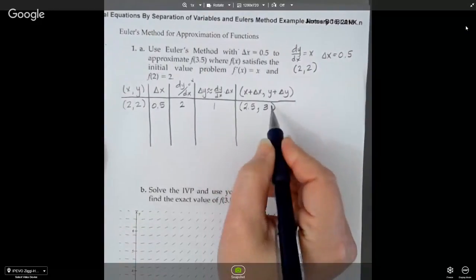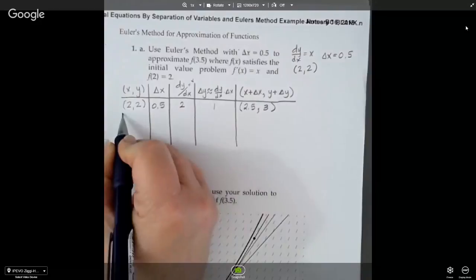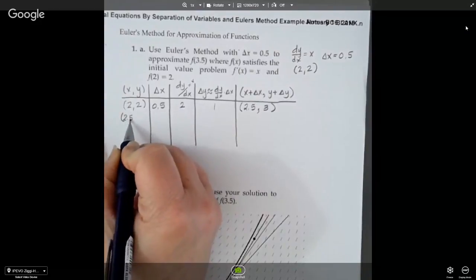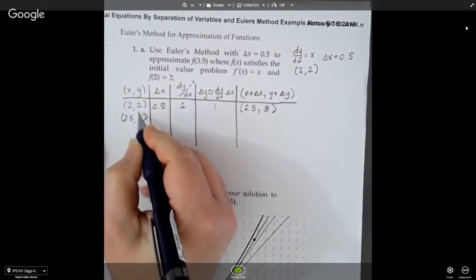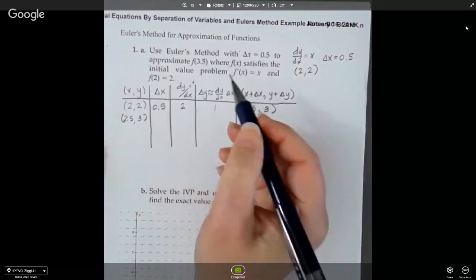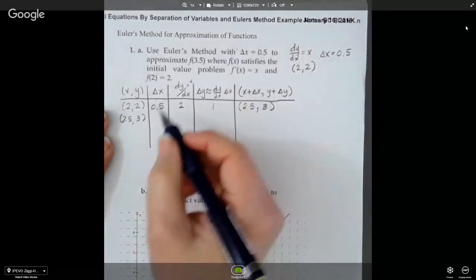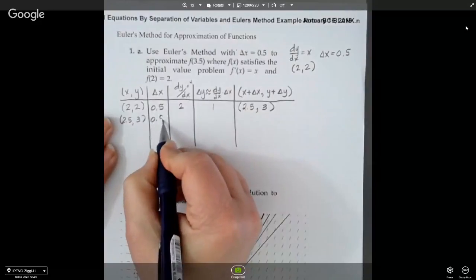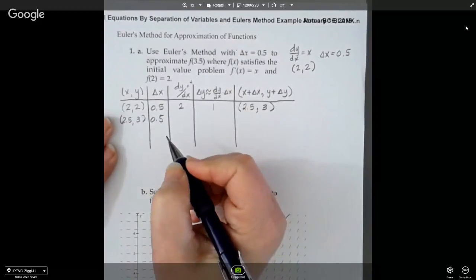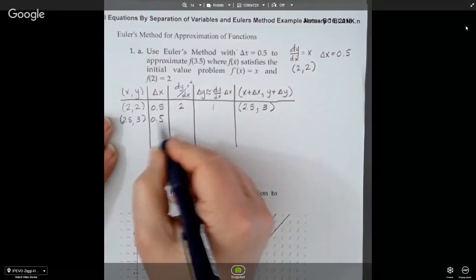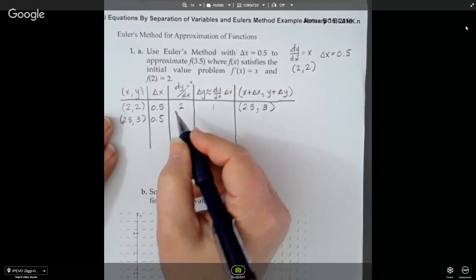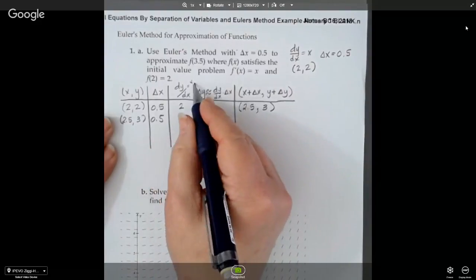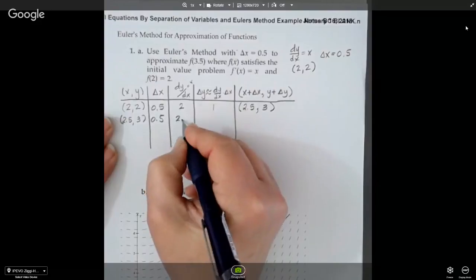So now I take this point and I bring it back over here and say, okay, well, that's going to be 2.5, 3 because I'm going to do this until I get to 3.5. All right, so let's do that. So I know that delta x is still going to be 0.5 because I'm going in increments of 0.5. And then the slope here is going to be 2.5 because it's just whatever x is, 2.5.